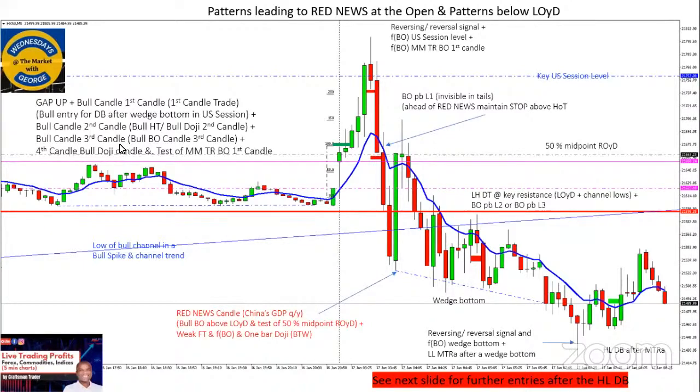Now, something to mention about the structure of the market yesterday. There was Chinese news on this candle, the GDP for the quarter and the year. So if you are taking a trade here, you are trading into the news. You have to make a decision: do I take this trade ahead of the news or do I stand back?